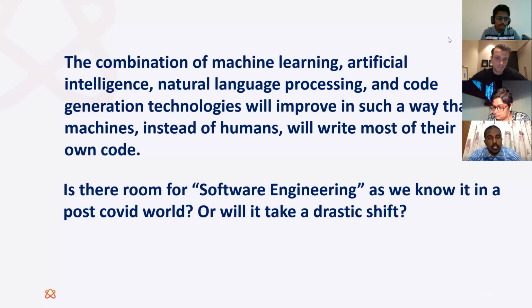I think very few people speculate that software engineering will be automatically handled by artificial intelligence technologies. Auto code generation technologies are there and improving, but I think that is not the case, because it is all about creativity.